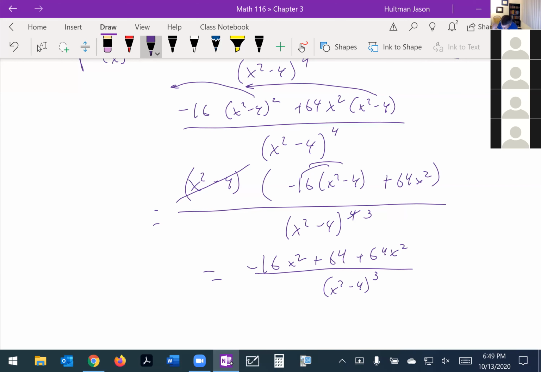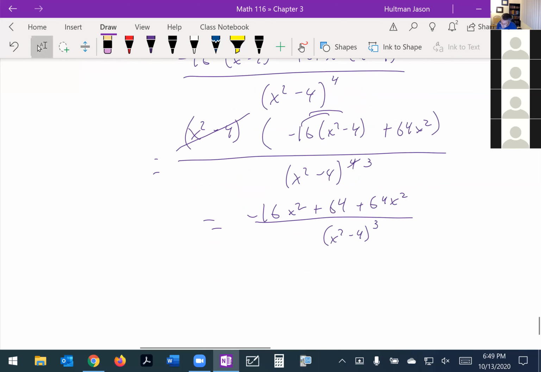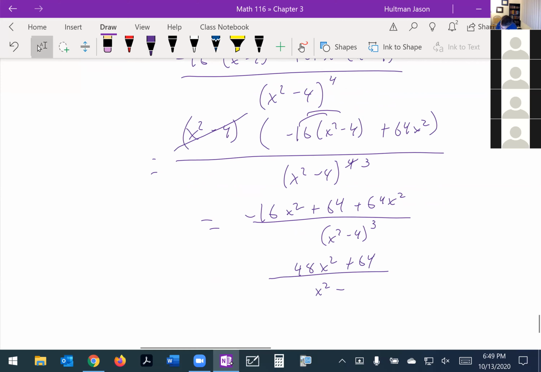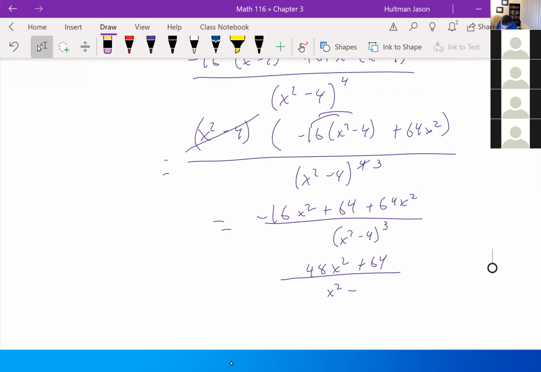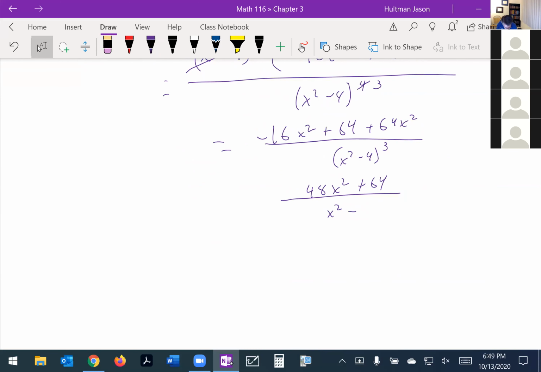So this is all getting the second derivative. 64 minus 16, that's 48. So this is 48x squared plus 64 all over x squared minus 4 cubed.